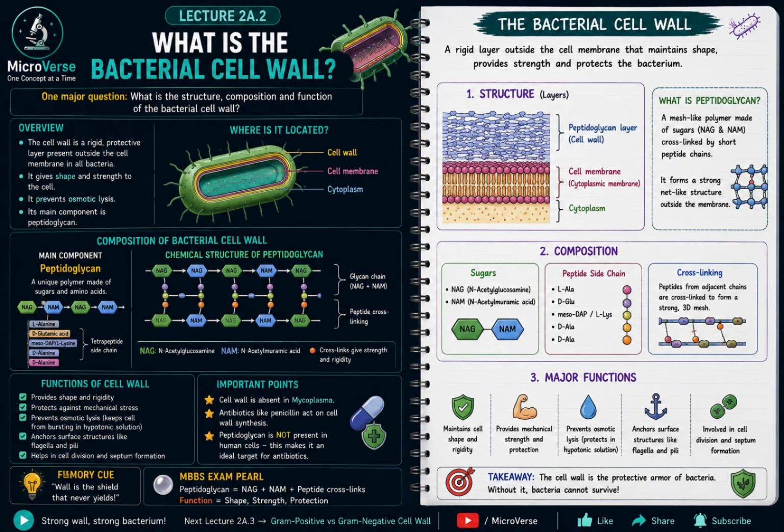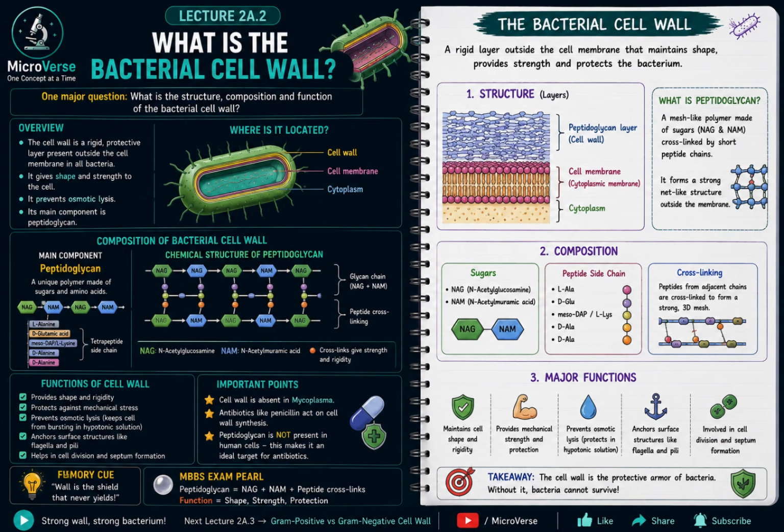This is also why bacteria without a cell wall behave differently from typical walled bacteria. Then the third one is mechanical protection. The cell wall provides structural strength and helps the bacteria withstand mechanical stress from its environment. It essentially acts as a protective framework around the cell.